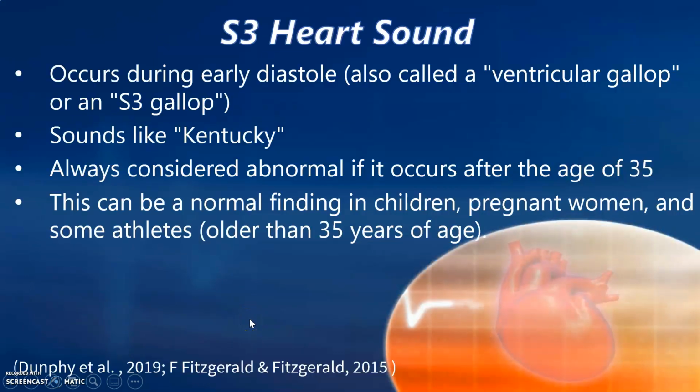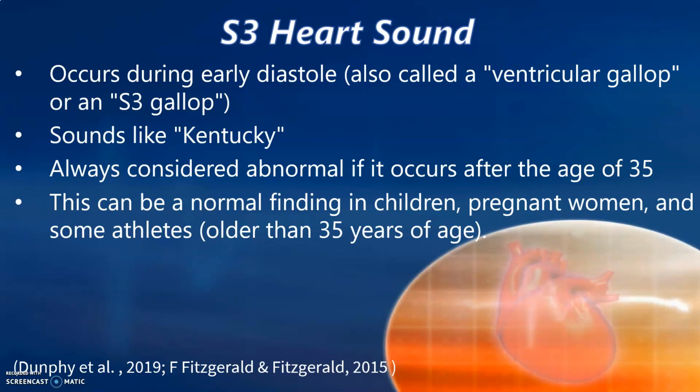Another area that I want to talk about is the S3 and the S4. S3 occurs during early diastole. It's called the ventricular gallop or an S3 gallop. It sounds like it's saying Kentucky. This is considered abnormal if it occurs after age 35.